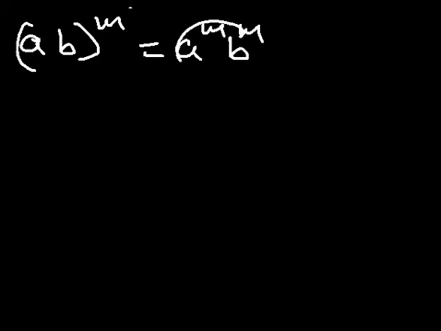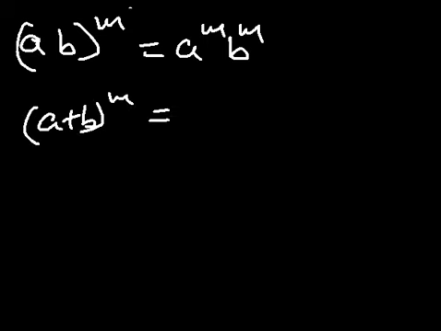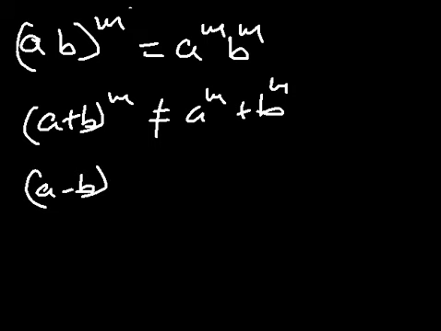This only happens when the values are multiplying. In other words, you cannot have a plus b to the power m as a to the power m plus b to the power m. This is wrong. Or if we have a minus b to the power n, this is not the same as a to the power n minus b to the power n.